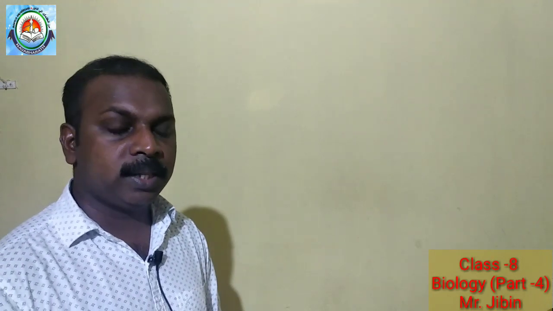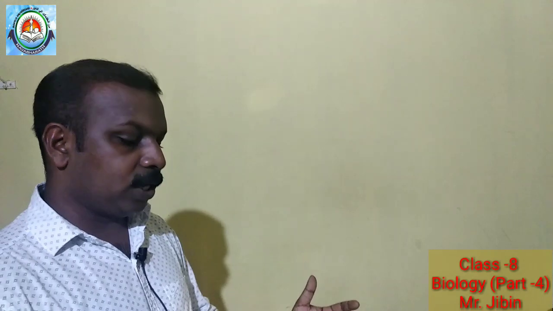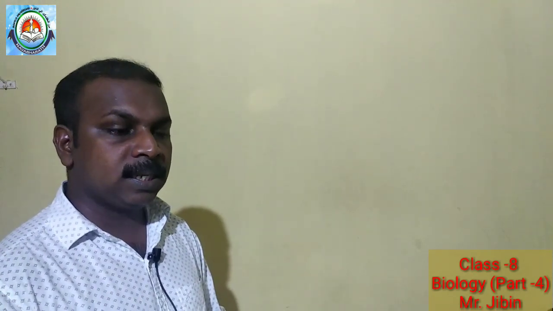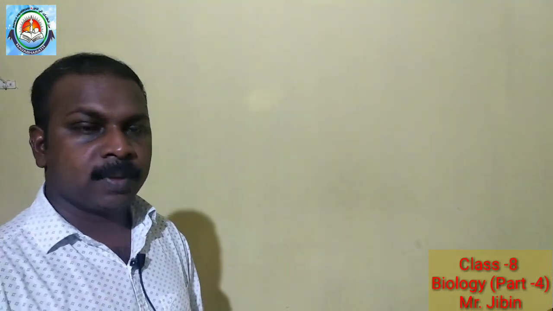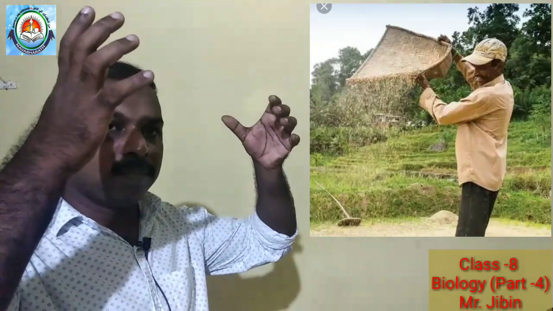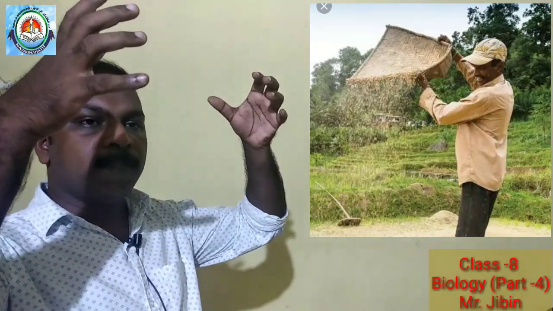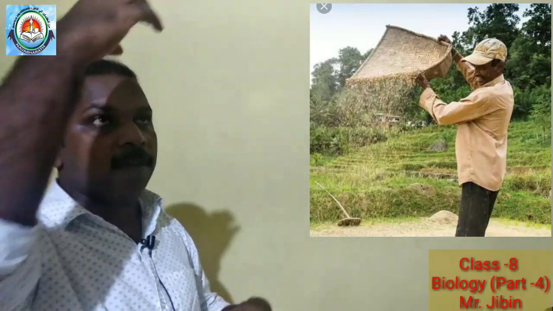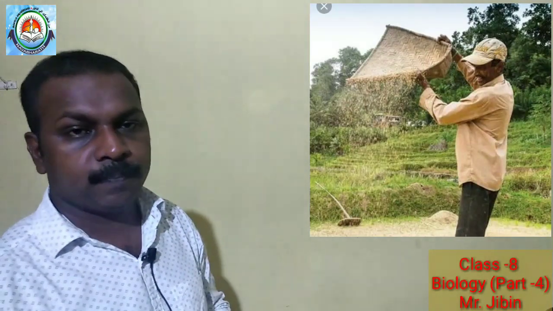For that, normally farmers take these grains in a basket and hold it like this, then keep them in a slanting position so that these grains slowly fall down.